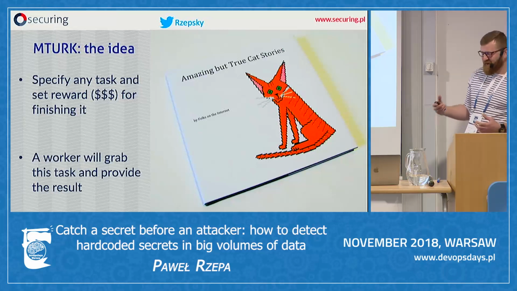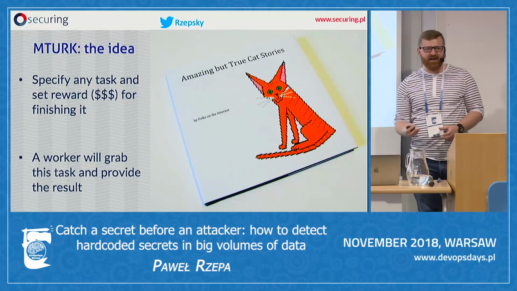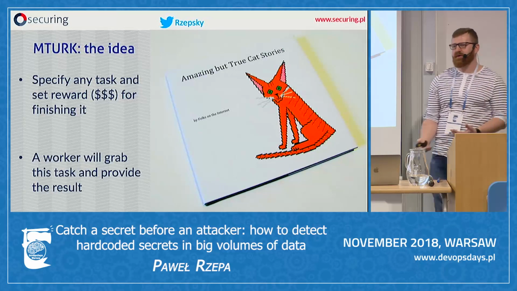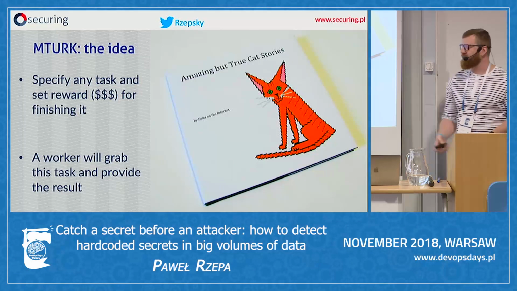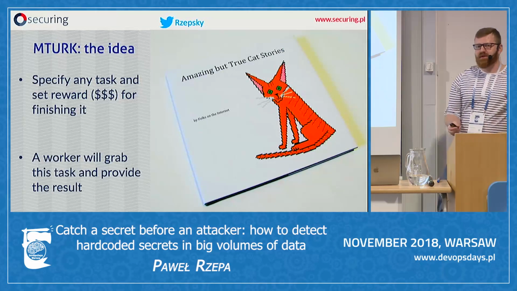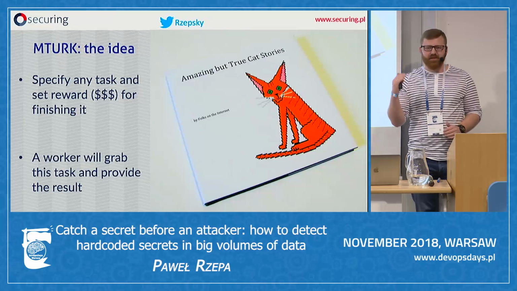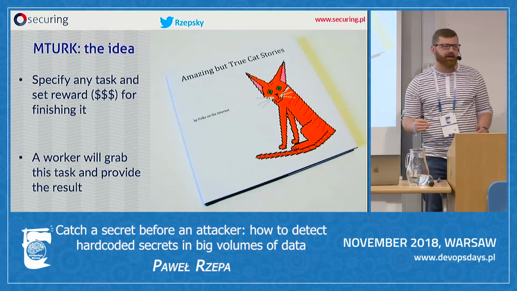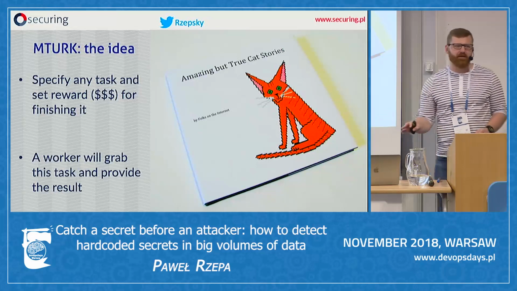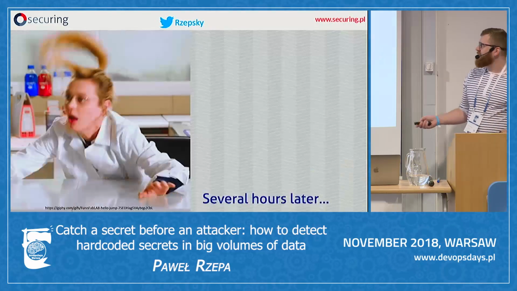So you set the reward for the task, and if it is good for the worker, he grabs the task and gives you the results. For me, it was simple. I gave the list of all the files, and the task was to find any secrets you can in these files.